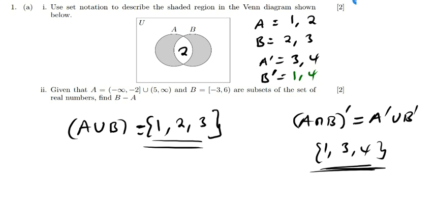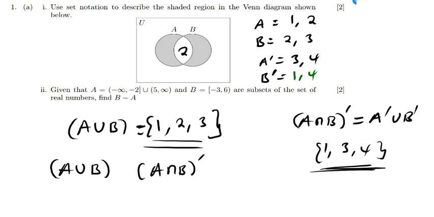So I'll say A union B, then I'm going to put complement. Oh, sorry, this is just supposed to be direct. I'm not going to put anything in between. Then I'm going to say A intersection B complement. Which symbol am I supposed to put in between here? Union or intersection?